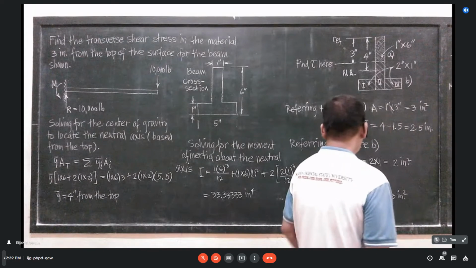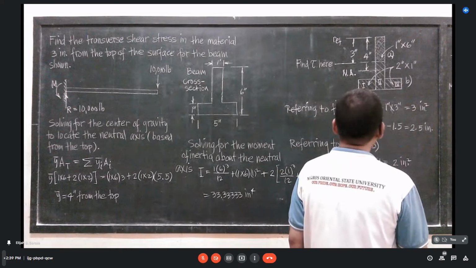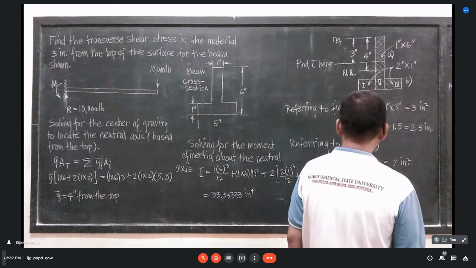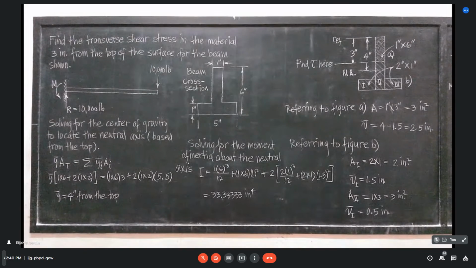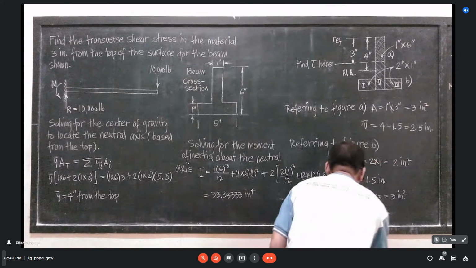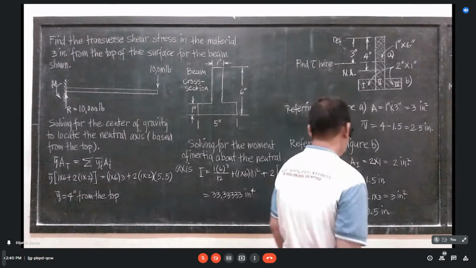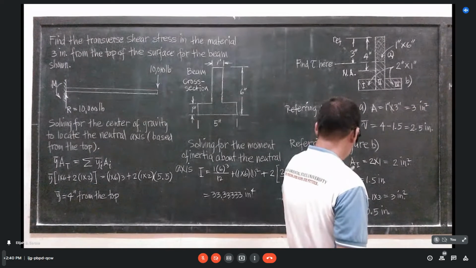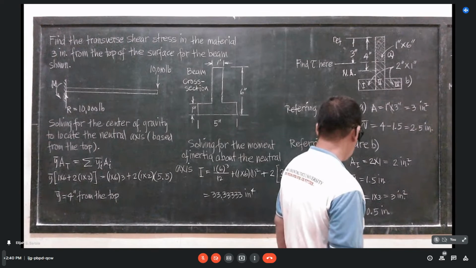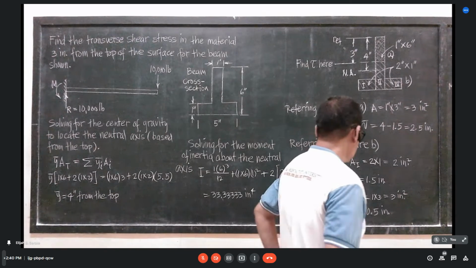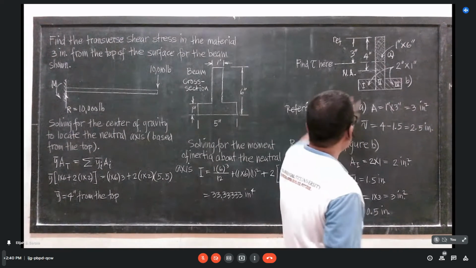It is the distance from the centroid of... sorry, I made a mistake. This one is V bar 1, and this one is V bar 2. Sorry. So it is this one.